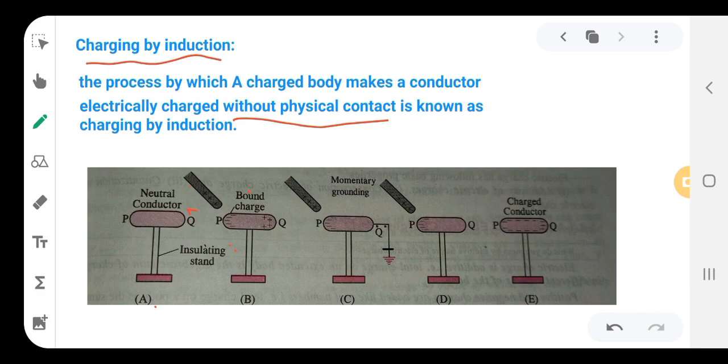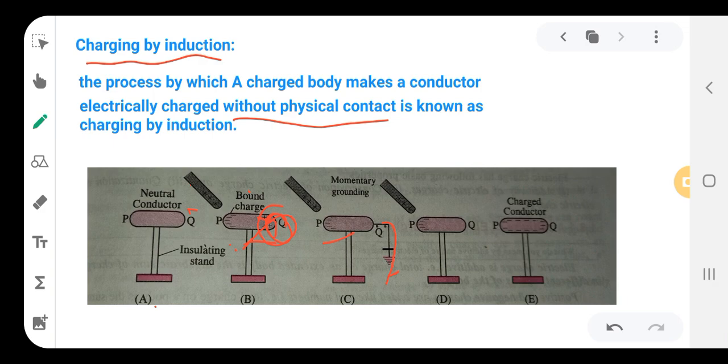At the other end of the conductor it has positive charge, and if it continues, more and more positive charges will be accumulated at this point. So if we earth it, then all these positive charges move down to the earth.